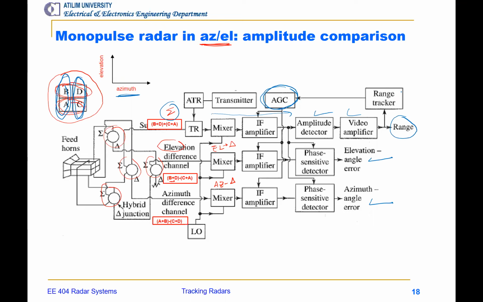So for the targets near to the antenna, since the power is big compared with the targets at far distances, there should be a control, attenuation or amplification, usually attenuation. So AGC is used to attenuate signals coming from nearby targets.